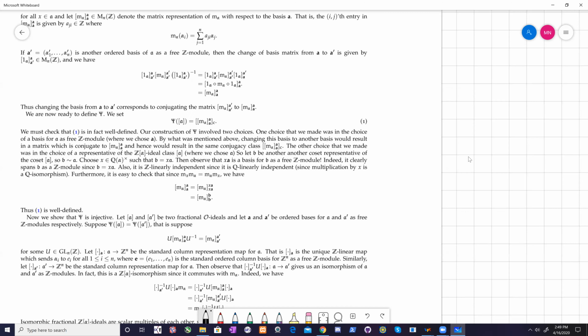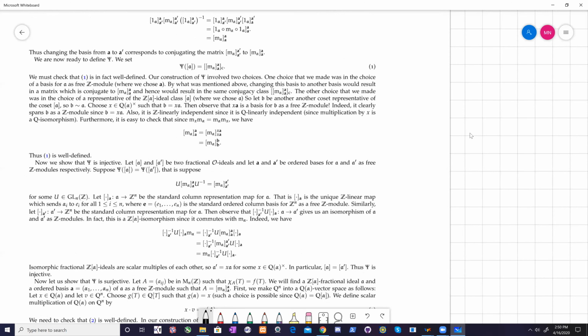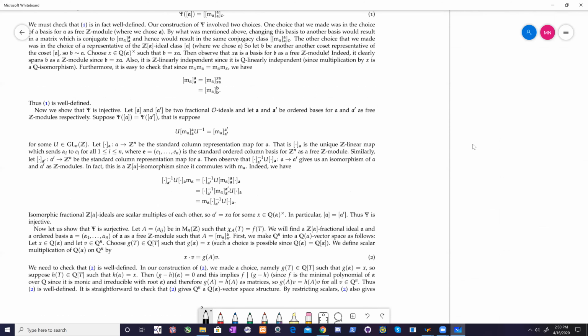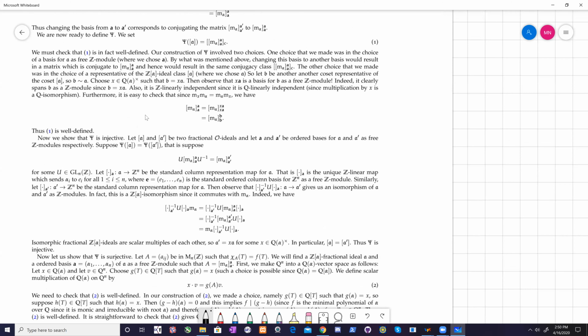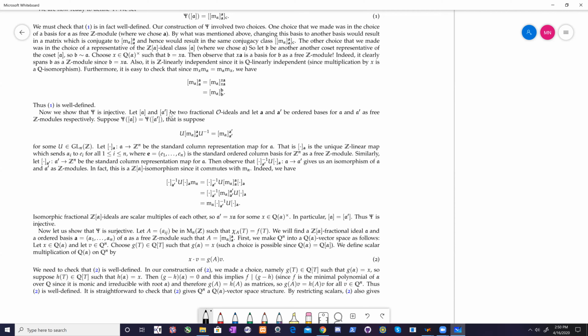Okay, so now we are going to show that capital psi is injective. Let bracket A and bracket A prime be two fractional O ideals. Here this should say Z of alpha ideals, because that's the order that we're talking about.